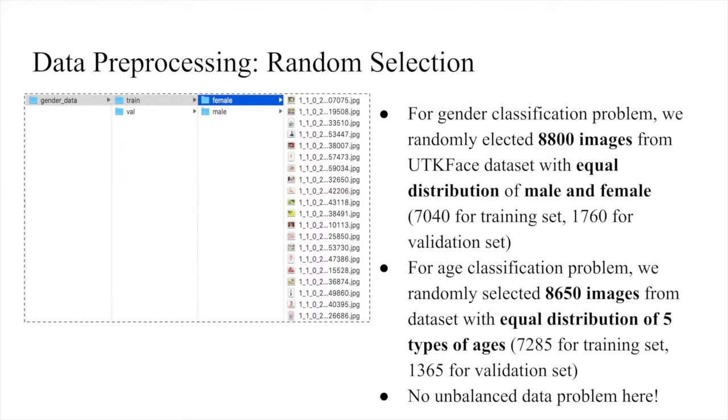And it is also the same for the validation set. Similarly, for the age classification problem, we also randomly select over 8,000 images from the dataset with equal distribution of 5 types of ages, same as the male and female scenario. Because of that, we don't have an unbalanced data problem here.